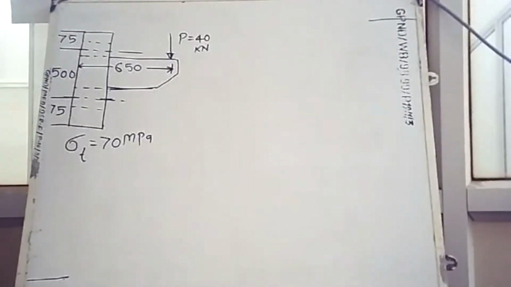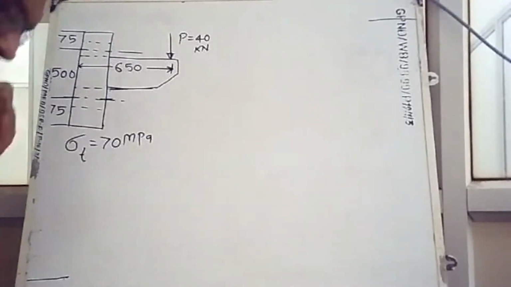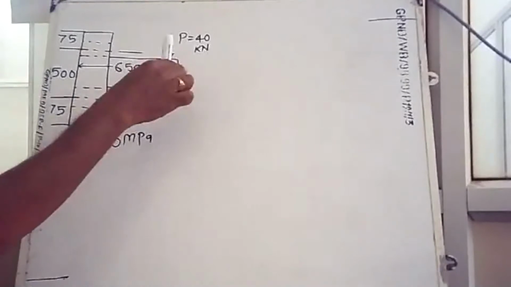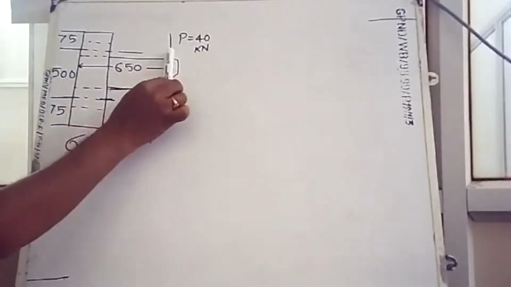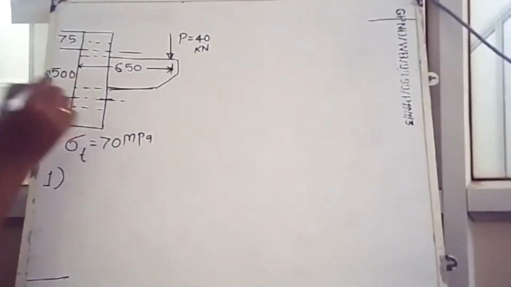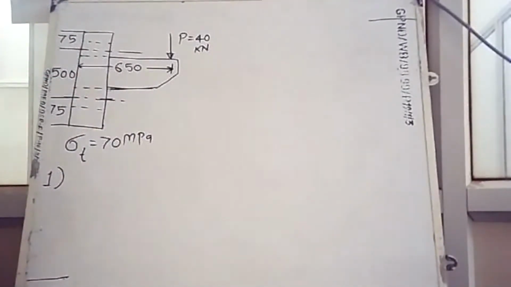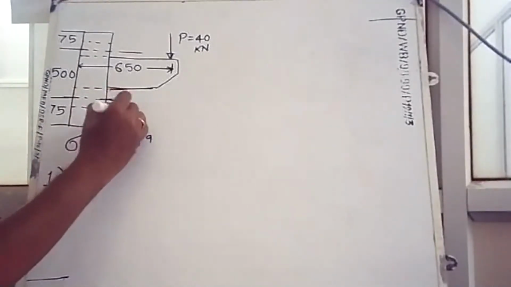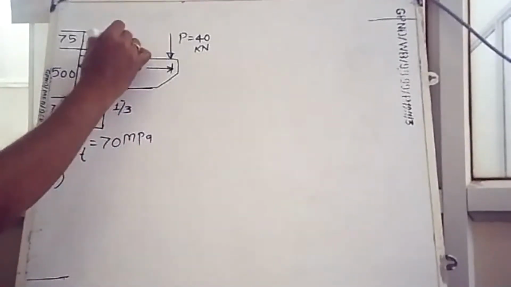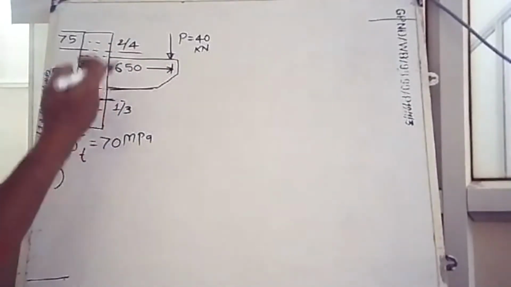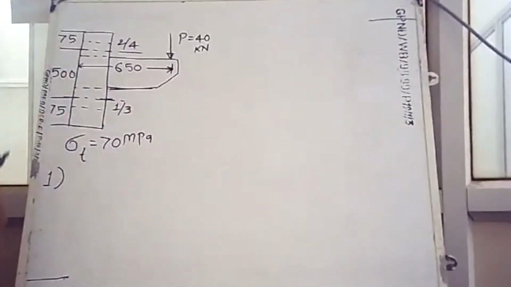Now let us have one by one different type of load. So first one is because of this force, the force is here. Because of this force, the screw may get sheared out. So there are 4 number of screw. We'll say here there is a 1 and 3 and here 2 and 4. So 1, behind that there is a 3, 2 and behind that there is a 4.